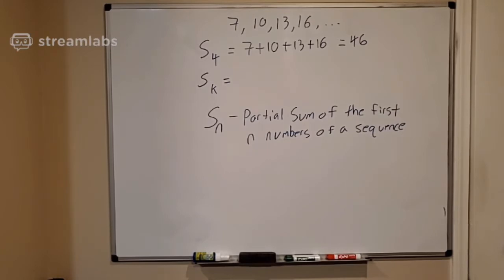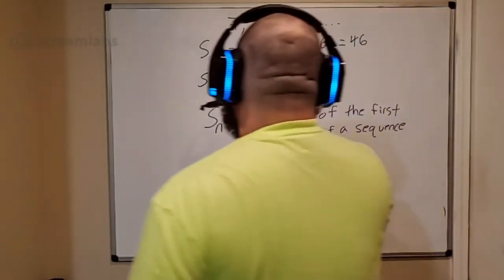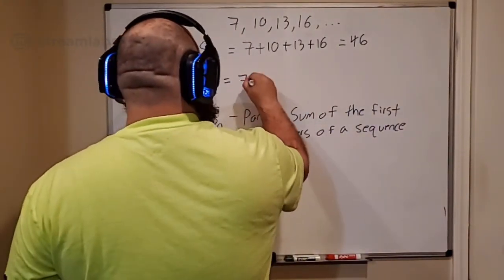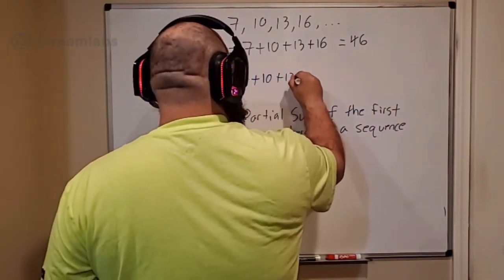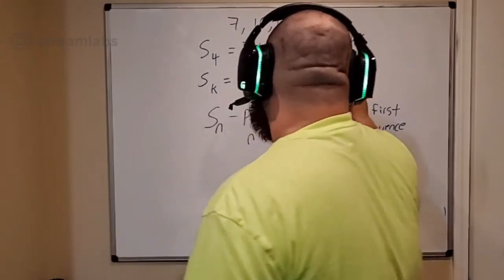So how do I figure out what this sum is in terms of a generic formula? Well, at this point, we're going to fill in everything. So we get 7 plus 10, we're going to use what we just did, plus 16, plus, we can put a dot, dot, dot, and then plus what? What is my last term going to be?